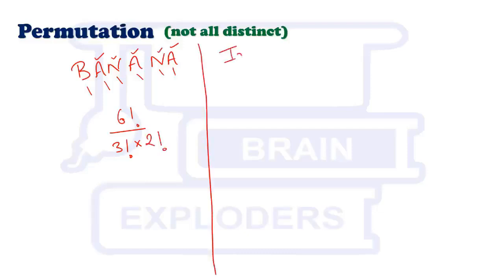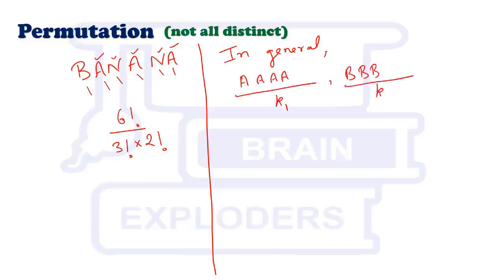If we see in general, suppose there are some similar objects: A repeated k1 times, then B repeated k2 times, C repeated k3 times and so on.